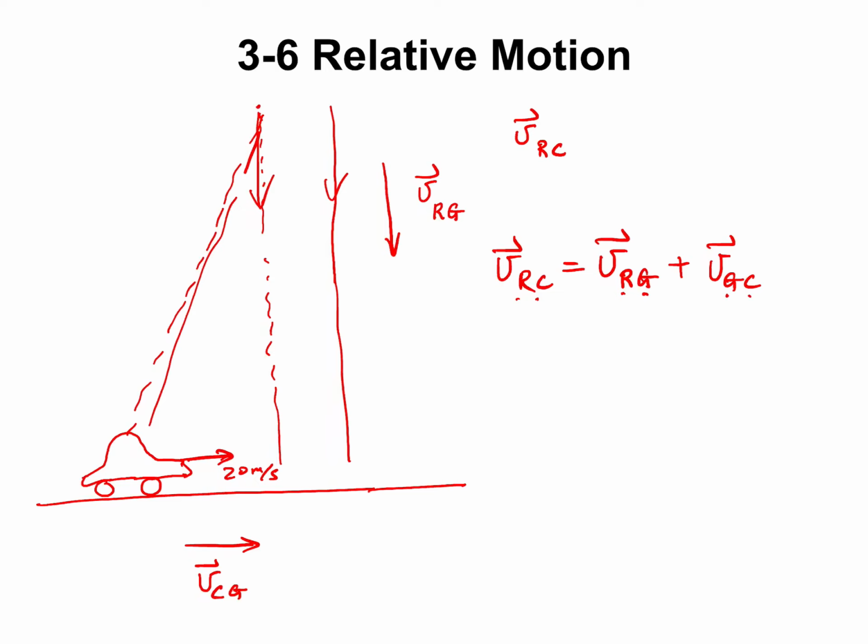Okay, so now what is the rain to ground? You can tell this is the rain to ground. Okay, so this is the VRG. And what is ground to car? Ground to car. And what do we know here? Car to ground is this, right? Then what is the ground to car?